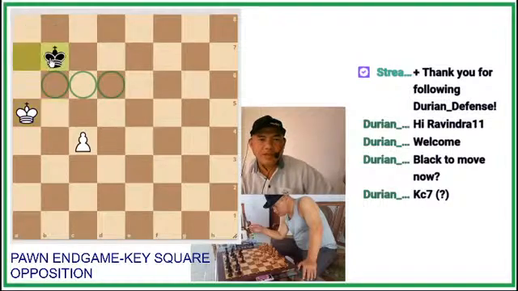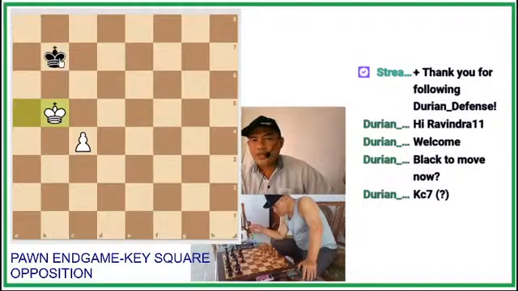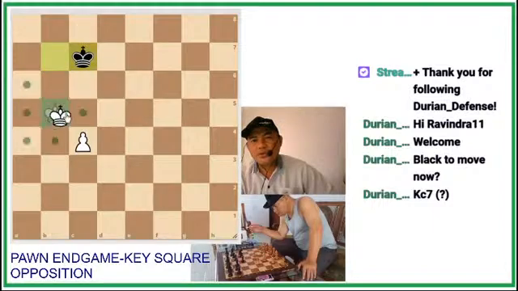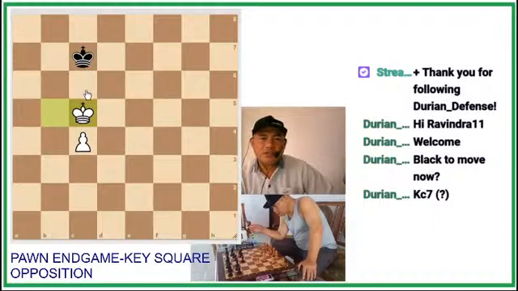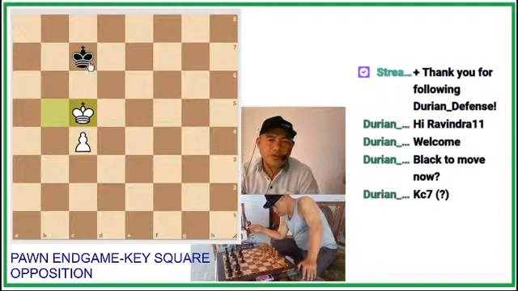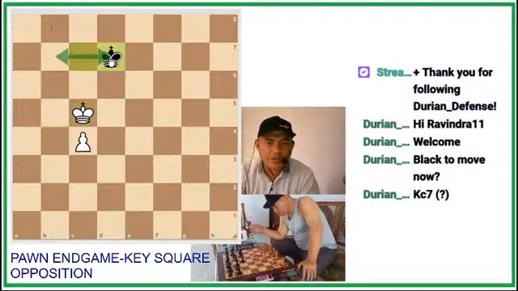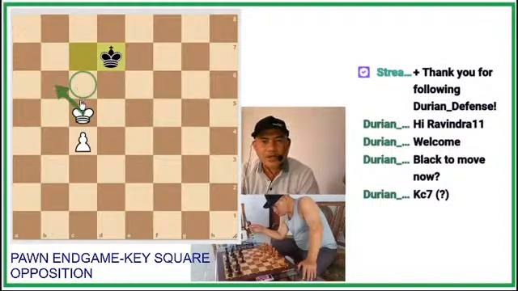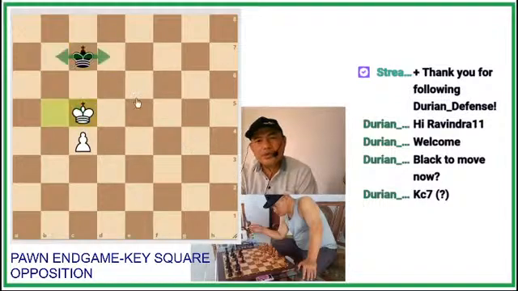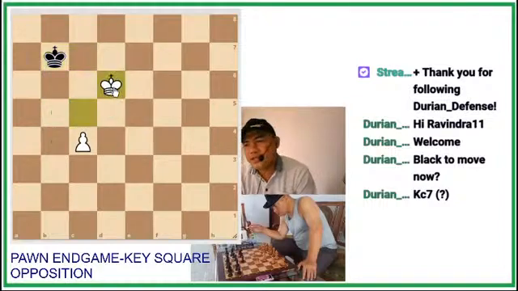For example, black goes here, white goes here, and then here, black goes here. Then in this position, as we have learned before, black has to move either to the left or the right. When he moves here, he will leave this key square for white. When he moves here, white will get the key square.